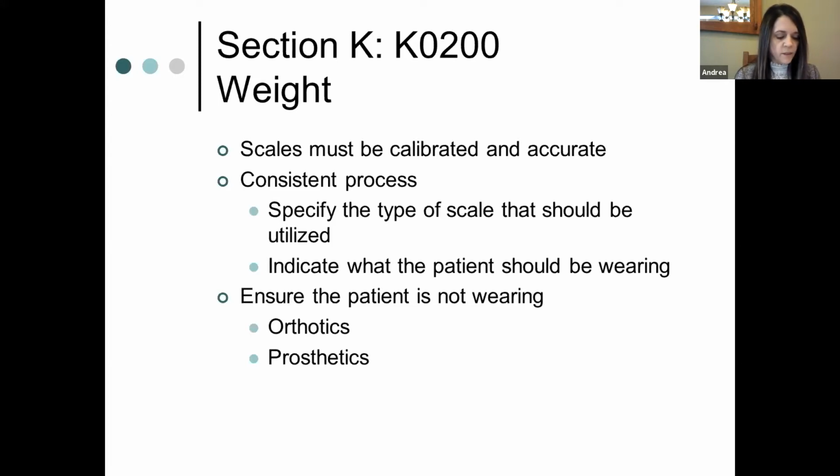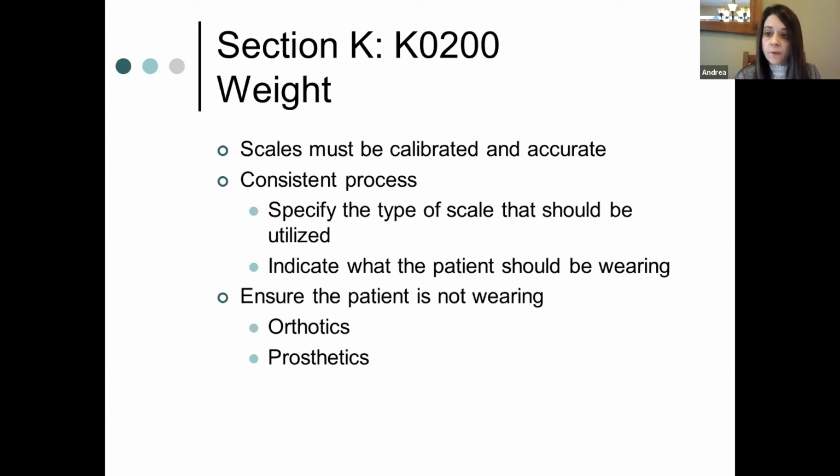For the weight, weight is entered in pounds. Scales must be calibrated and accurate, and you want a consistent process. So specify the type of scale that should be utilized and indicate what the patient should be wearing. Ensure that you're not getting the weight of an orthotic or a prosthetic.